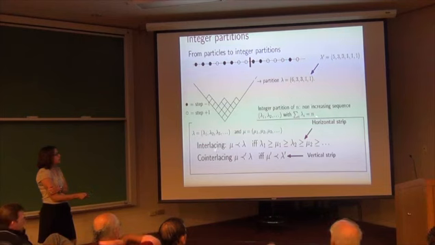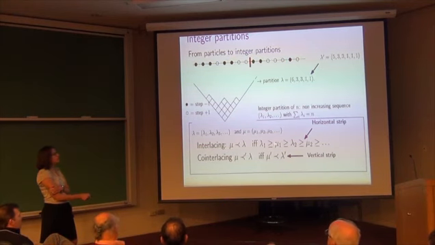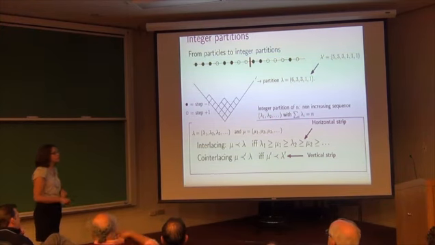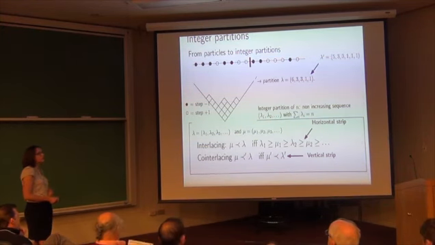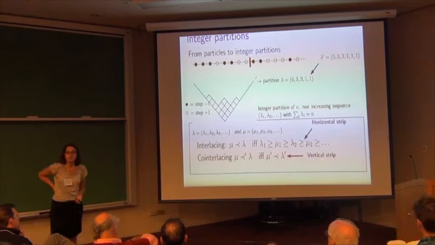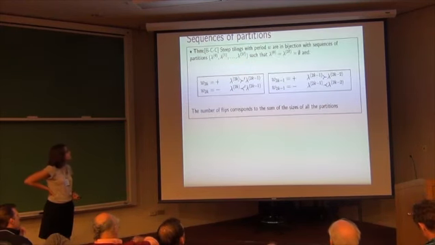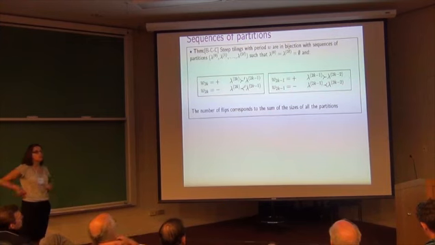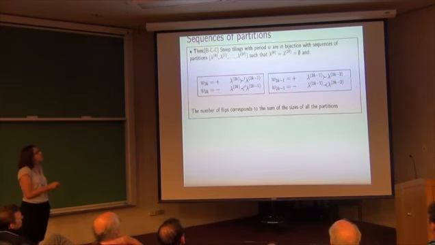So when you look at those things, that means that the two partitions, when they're interlacing, differ by a horizontal strip, and when they're co-interlacing, they differ by a vertical strip. So here is the result. The stiff tilings with a given period W are in bijection with sequences of partitions.